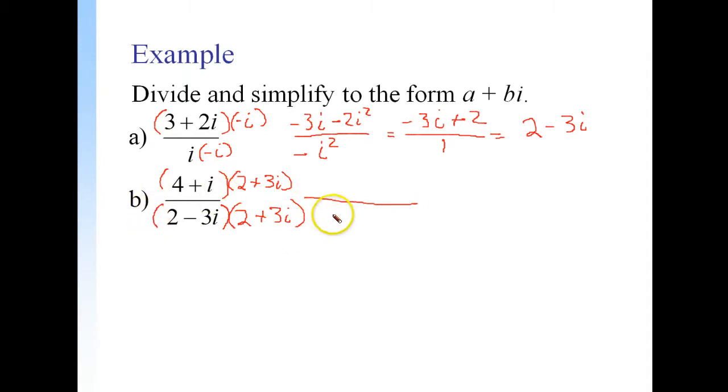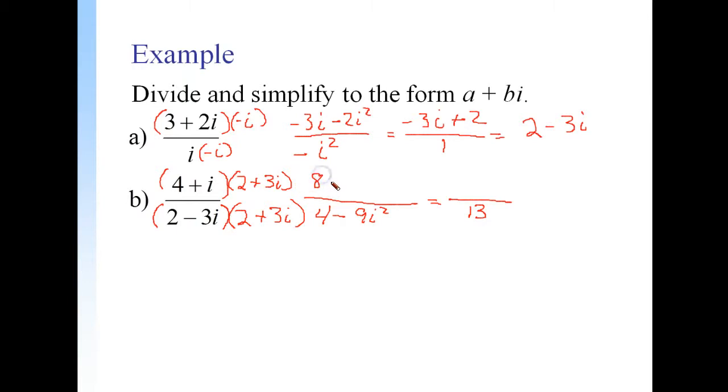So our denominator is going to be 4 minus 9i squared. But what did we say i squared was? A negative 1. So this becomes a positive 9. So our denominator now is 13. And we've done that. Now we have to FOIL the top.